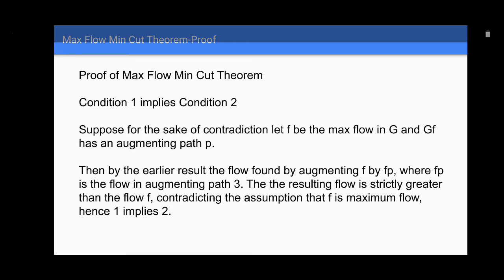Then, by the earlier result which we know, the flow found by augmenting f by fp, where fp is the flow in the augmenting path of the residual network, is strictly greater than the flow f, which contradicts that f is a maximum flow. Hence, condition 1 implies condition 2.